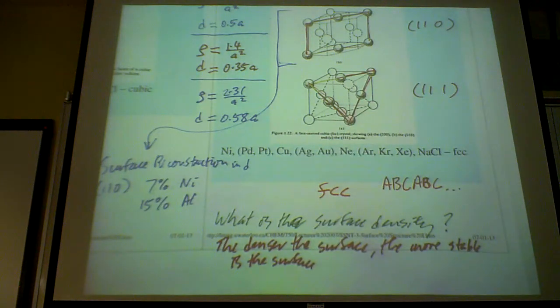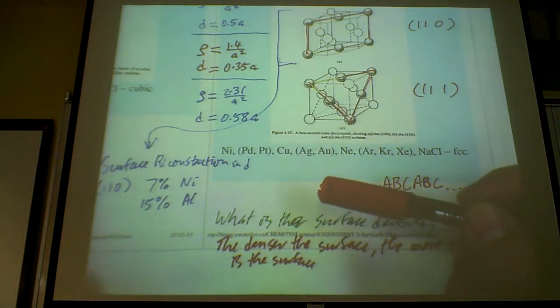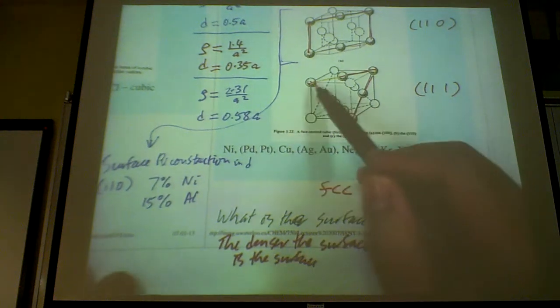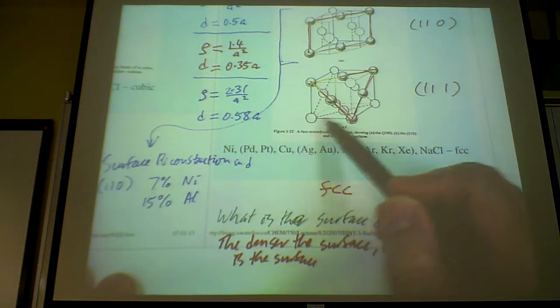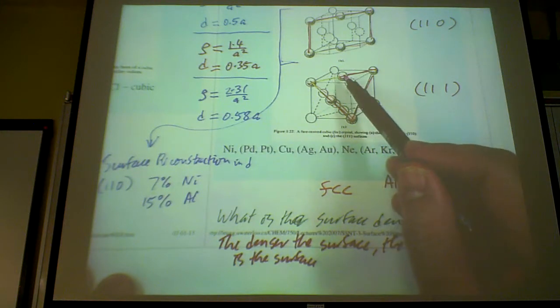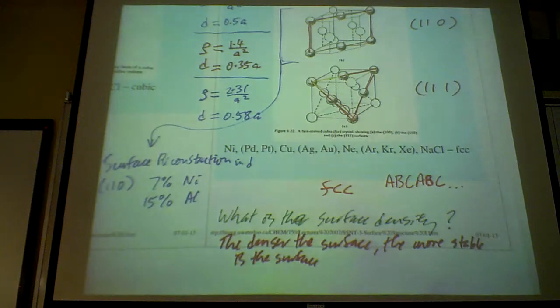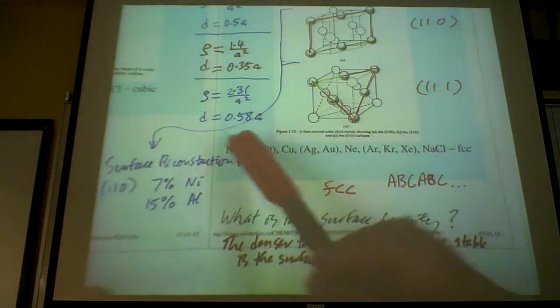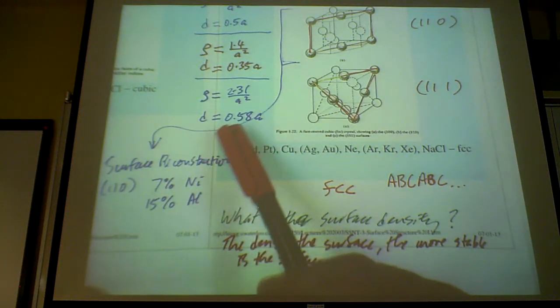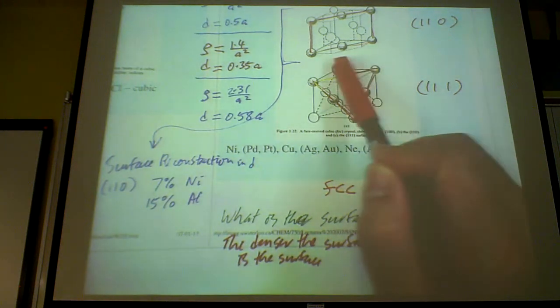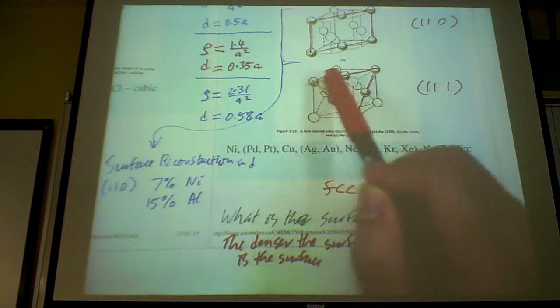It's often difficult to visualize a three-dimensional object on a two-dimensional drawing. So this is one plane, and this dotted line connects the second plane. And so the perpendicular, shorter spacing between them will be the D spacing. It takes a little bit of geometry to work out that this D spacing is around 0.6 of A. A is the cube side length of this.